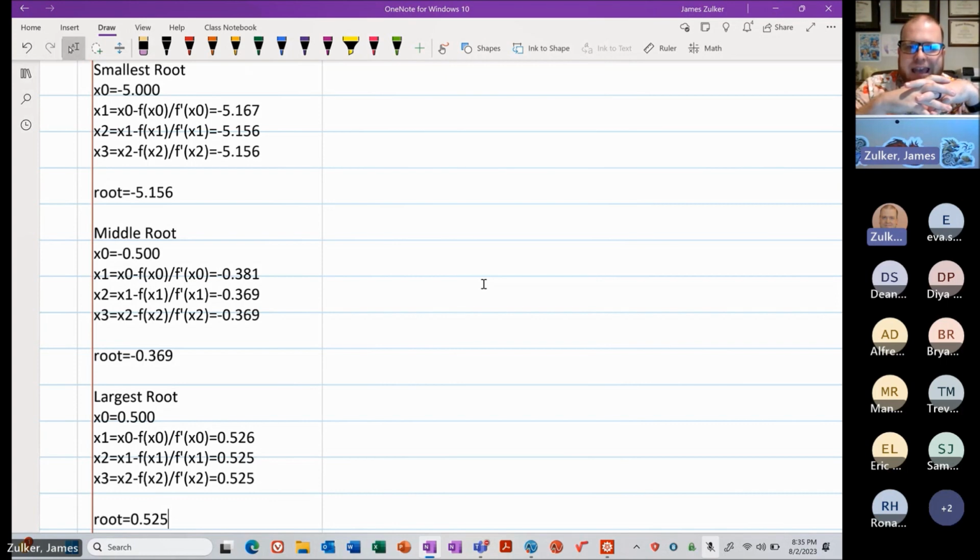Depending on your x naught, it could converge faster, so the number of steps you need could be less. It could converge slower, so you might need more steps. Maybe it doesn't even converge, so you're never going to get an answer. Or it converges to the wrong root.